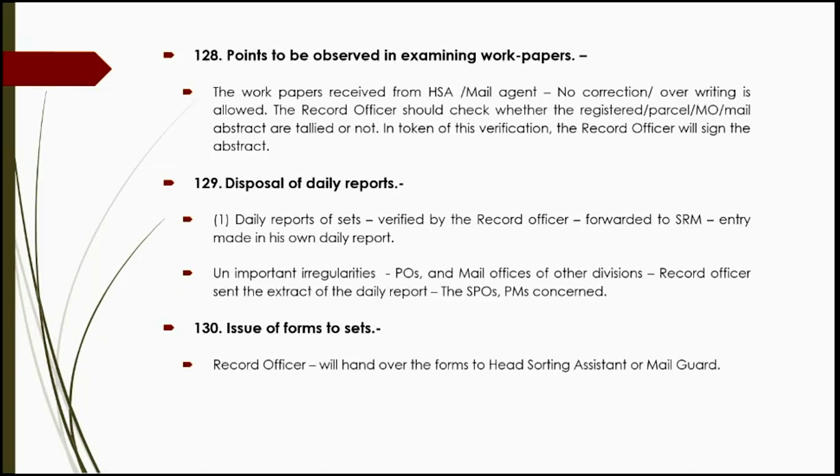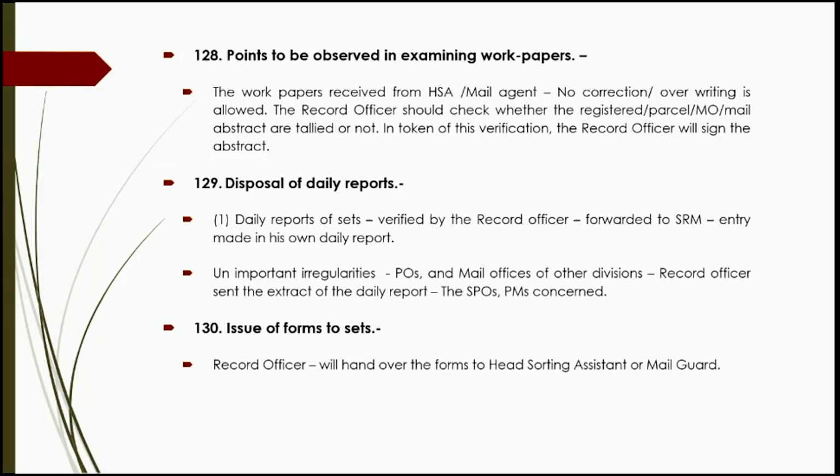If there are unimportant irregularities, not like major faults but still not regular things, and the record officer observes them, then he can send an extract of the daily report to the concerned postmasters, or if required to the superintendents also.